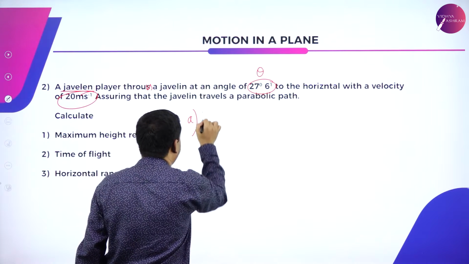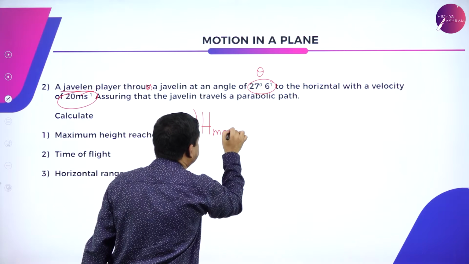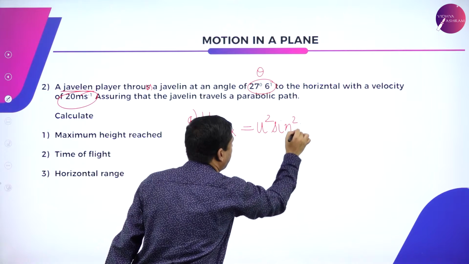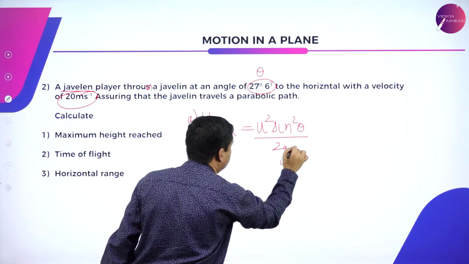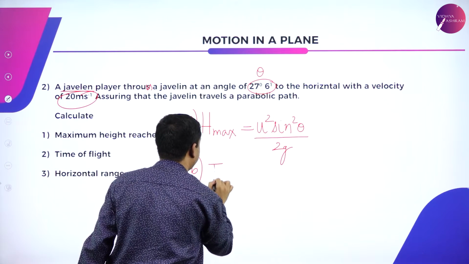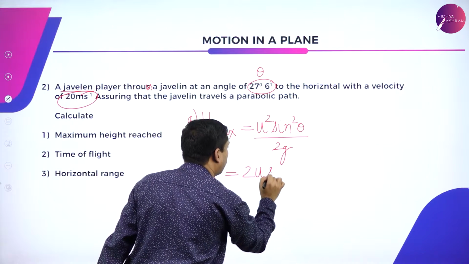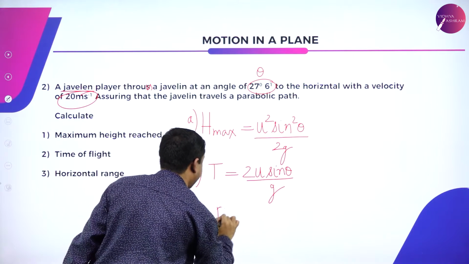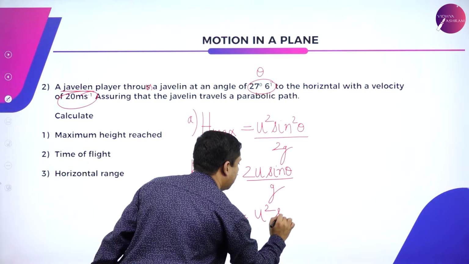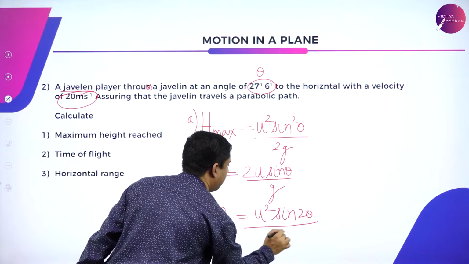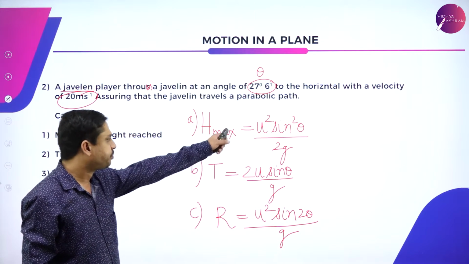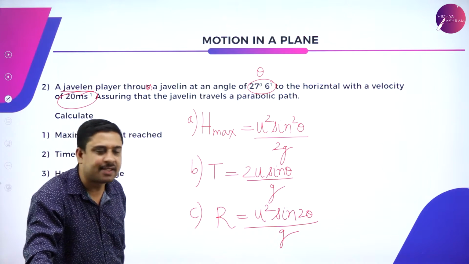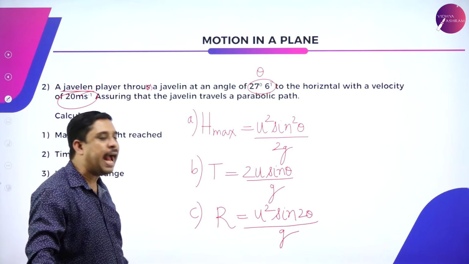Again, first case, maximum height, u square sine square theta by 2g. Time of flight, 2u sine theta by g. And range is u square sine 2 theta by g. Again, substituting the respective values, calculate maximum height, time and range.